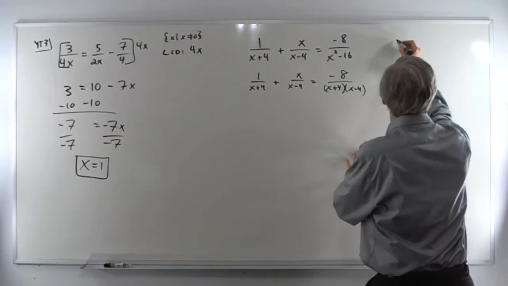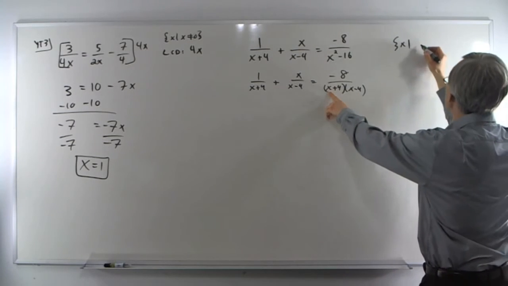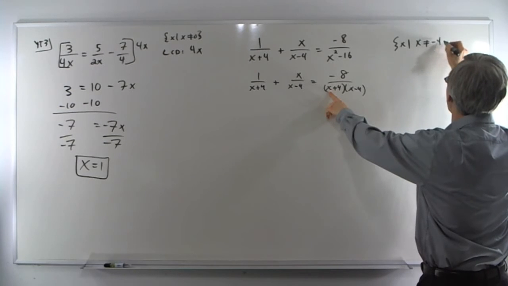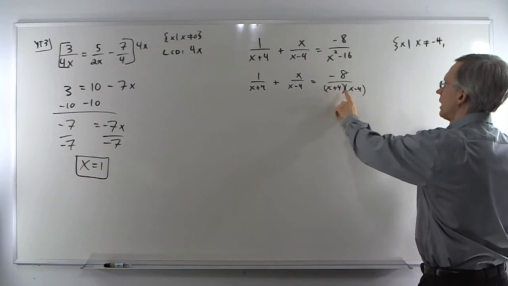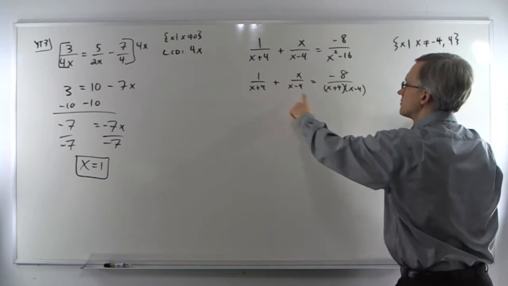Alright, so let's see what we're going to exclude now. If I plug in a negative 4 here, I'll get division by 0, so x cannot equal negative 4. And here, positive 4. And then those match, so that's it.